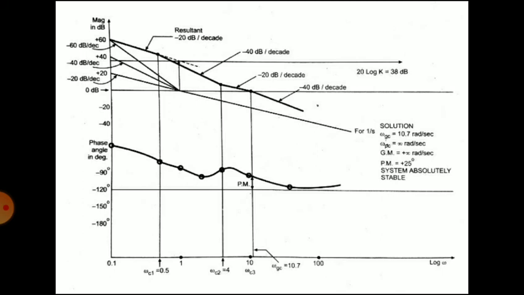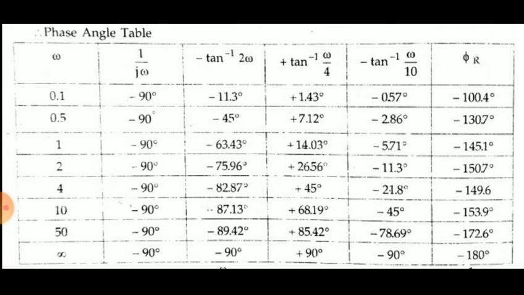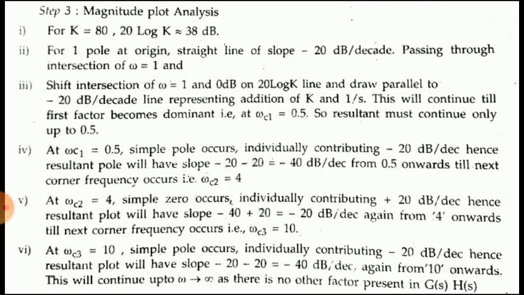Then the simple pole. For a simple pole, there will be two straight lines. First is 0 dB for omega less than 0.5, and second is a minus 20 dB per decade slope for omega greater than 0.5. So the resultant slope after omega c1 equal to 0.5 becomes minus 20 minus 20, that is minus 40 dB per decade.